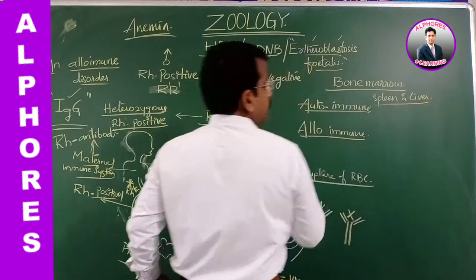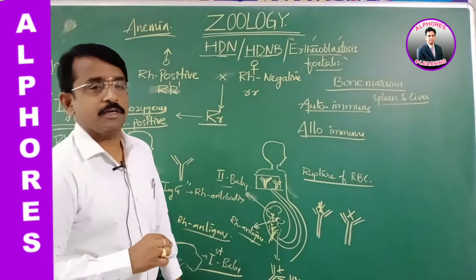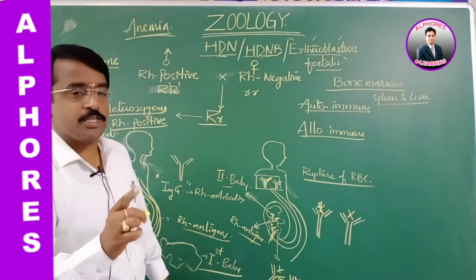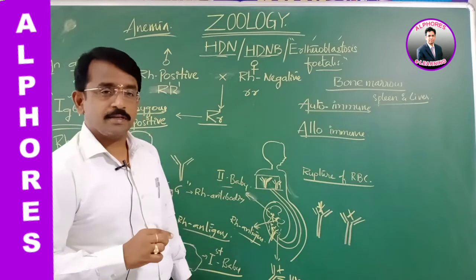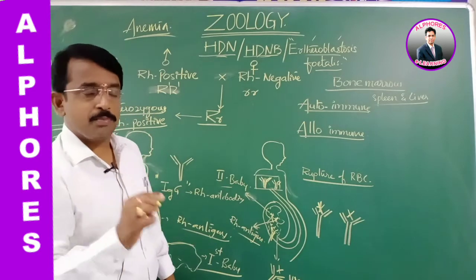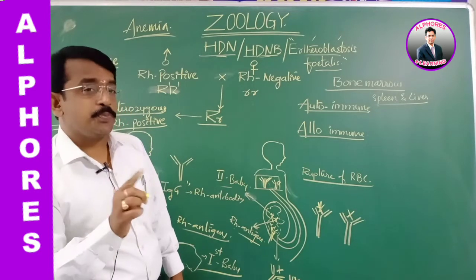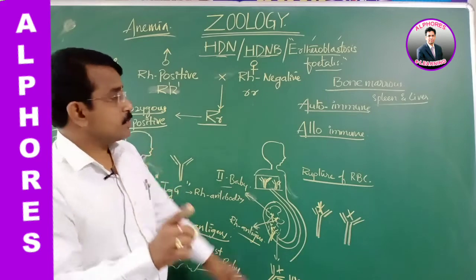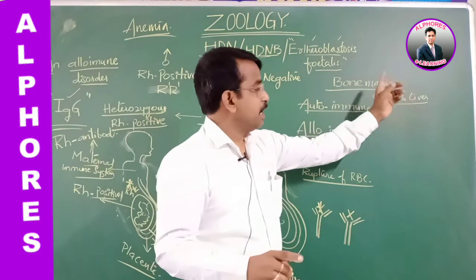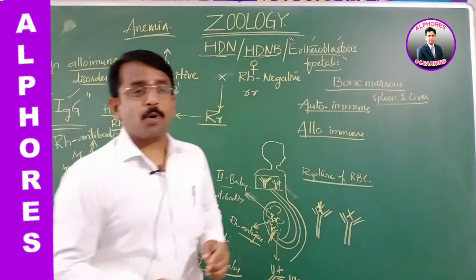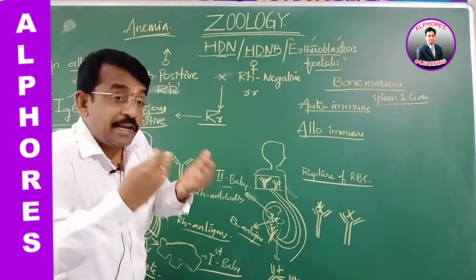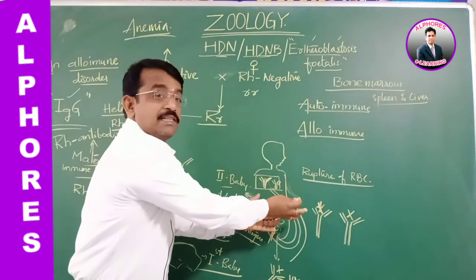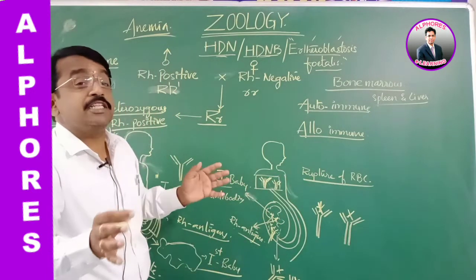Recall that in the early embryonic stage, the hemopoietic organ is the yolk sac mesoderm, later the spleen and liver. So RBC production takes place in the spleen, liver, and also bone marrow, at the same time as they are being ruptured. This continues.